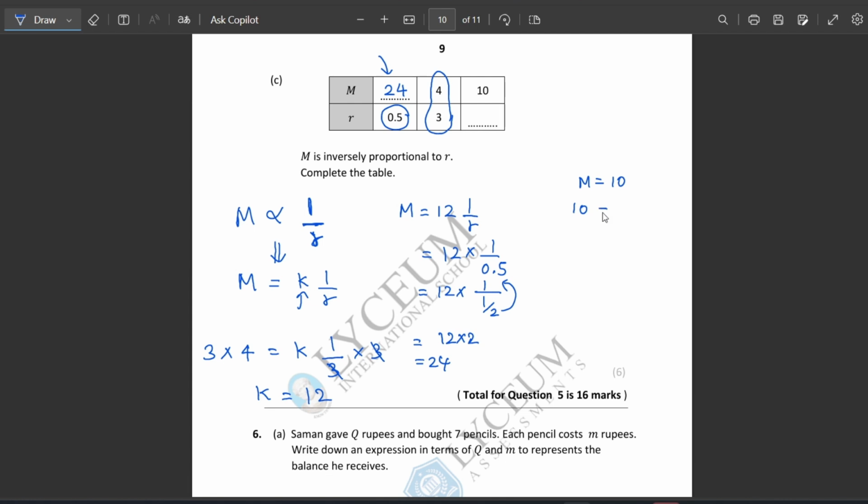So 10 equals k times 1 over r. So 12 times 1 over r. To get rid of this 12, I divide both sides by 12. Now these two cancel out. 10 over 12 equals 1 over r. To find r, I can take the reciprocal. So r is 1.2.